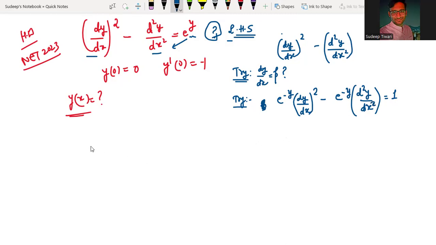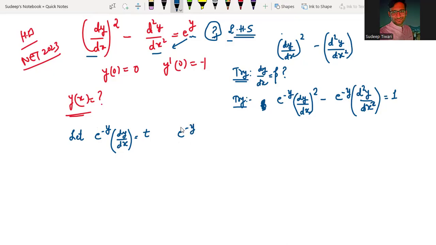Now what you can do possibly is you can take e raised to power minus y, and you know if dy by dx is differentiated, it gives you d²y upon dx², and if this gets differentiated, it gives you dy by dx. So at least this will become easy for you. Let this be equal to t, and I know if I differentiate it with respect to x on both sides, what will happen?